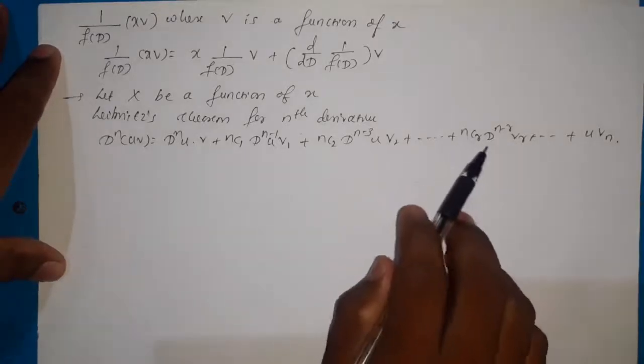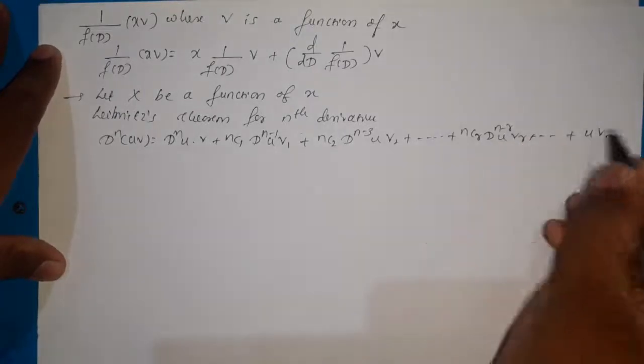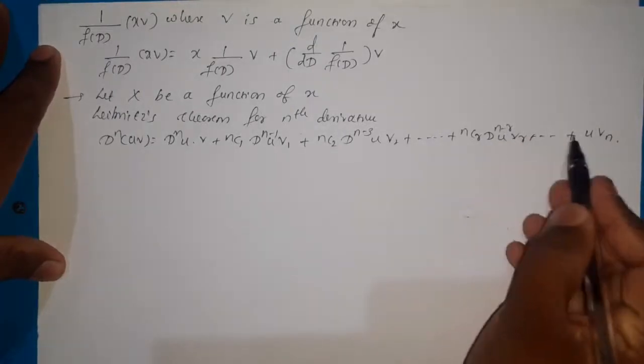In general, nCr into the rth derivative of u and the rth derivative of v.